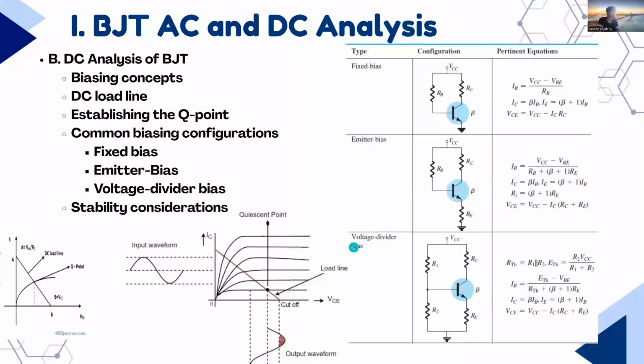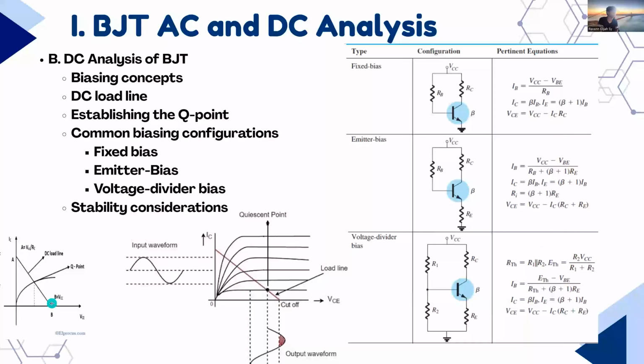The DC load line represents all possible operating states of the transistor for a specific circuit configuration, drawn from the maximum saturation current, this part, to the maximum cutoff voltage, this part. The intersection of our bias currents and voltages on this line establishes the Q point, or quiescent point, for linear amplification.